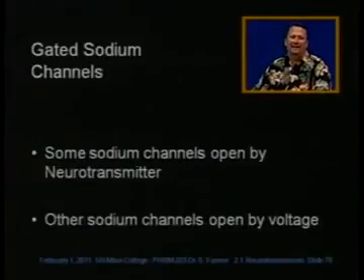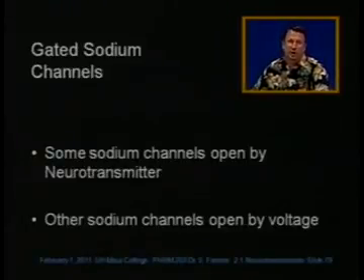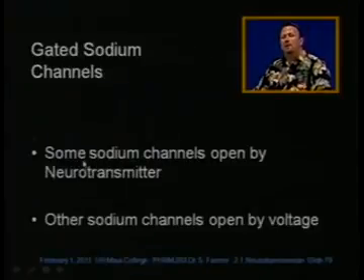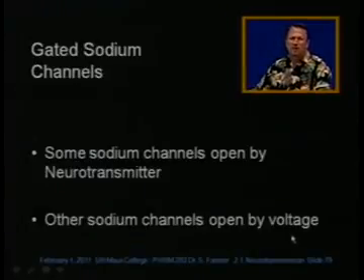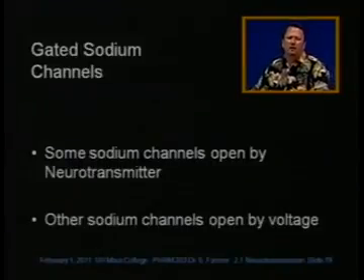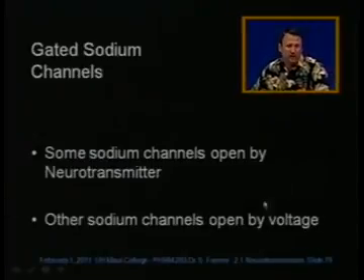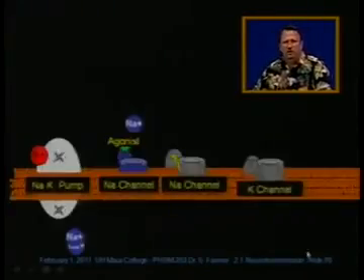So when we talk about gated sodium channels, some of them are going to be opened by neurotransmitter: ligand-gated ion channels, ligand-gated sodium channels. That means sometimes a chemical opens them up. But other sodium channels and other ion channels we'll talk about are going to be opened because they sense a voltage change. So if you read about this stuff carefully, you'll read about gated ion channels. Some of those are ligand gated, meaning they're opened with neurotransmitter. Others are voltage gated, meaning that they open in response to a voltage change.